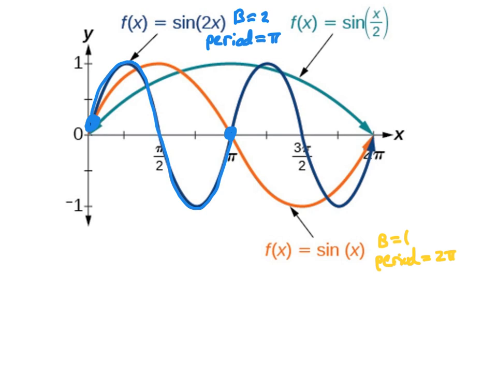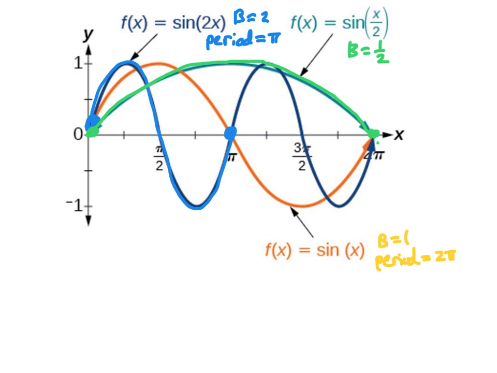For the third function, our green function, we have a b value of 1/2. X over 2 can be rewritten as 1/2 times x, so that b is equal to 1/2. And we don't get an entire period here of our graph. We see that we go up to hit the max value and then back down to our midline at 2 pi. But there is another half of our period.